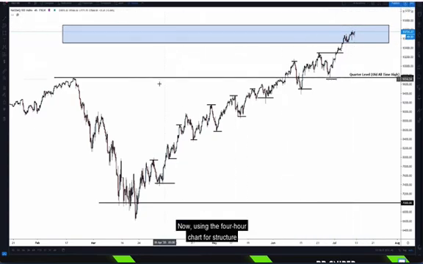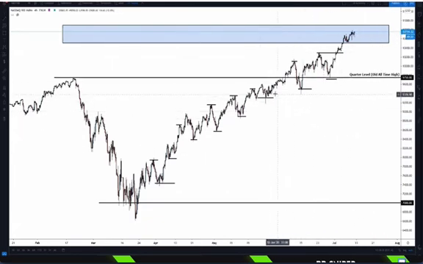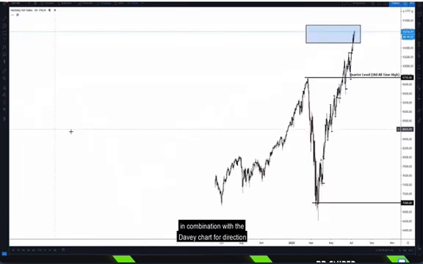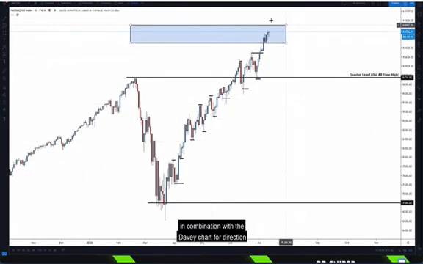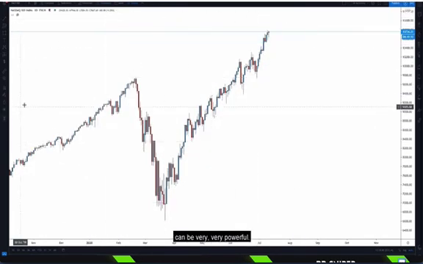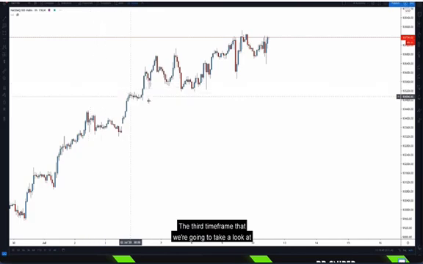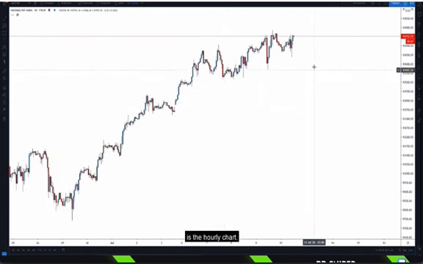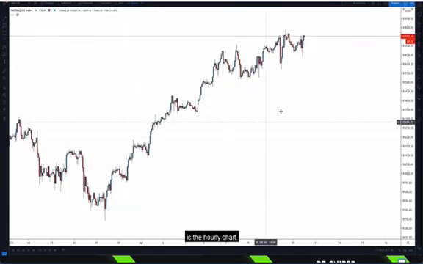Now, using the 4-hour chart for structure in combination with the daily chart for direction can be very, very powerful. The third time frame that we're going to take a look at is the hourly chart.